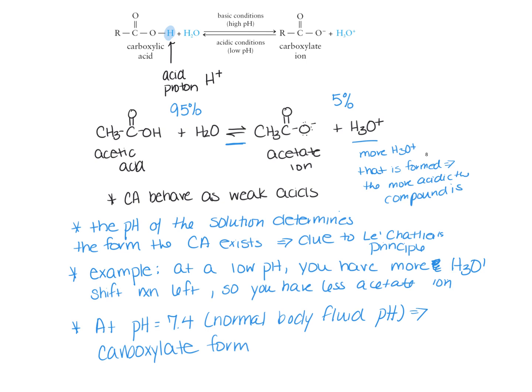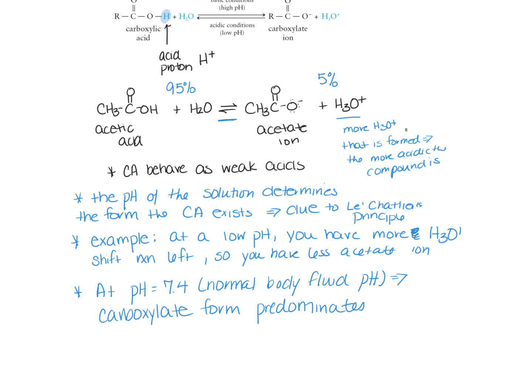And that's going to be the majority of what you see, and so we say that that predominates. A really good example is citric acid in body fluids, which is often referred to as citrate, and we'll see this later in our biochemistry chapters.